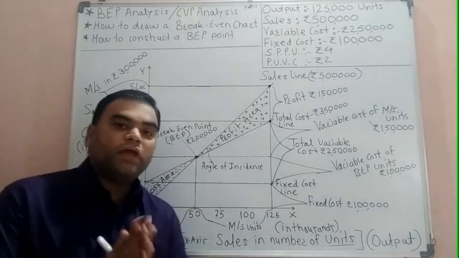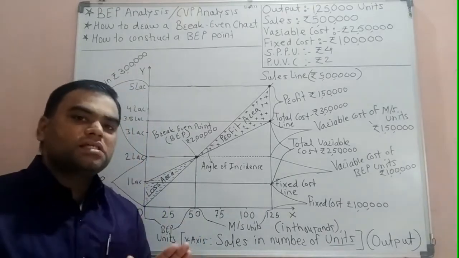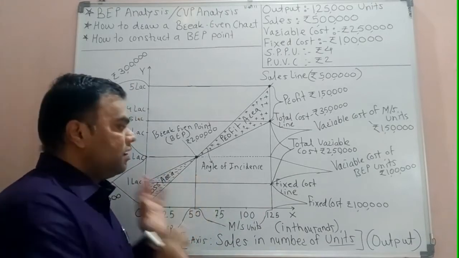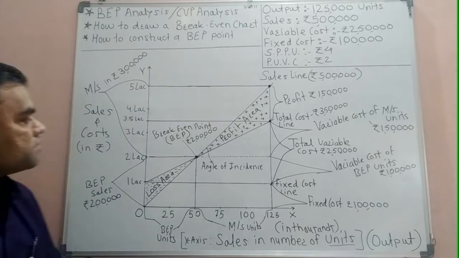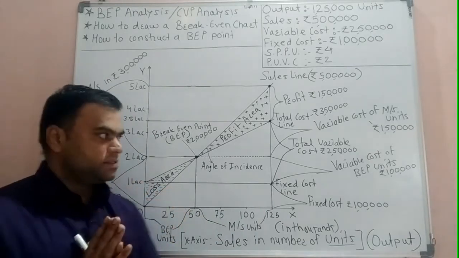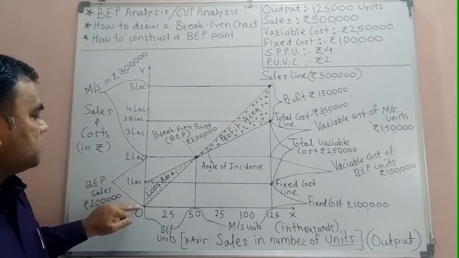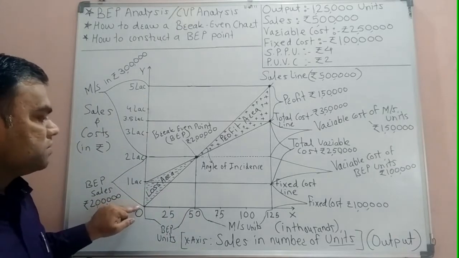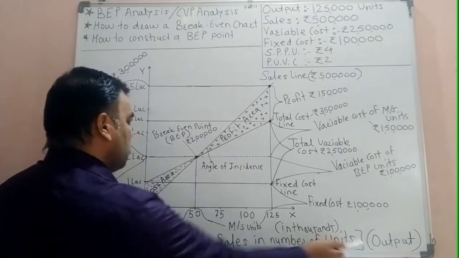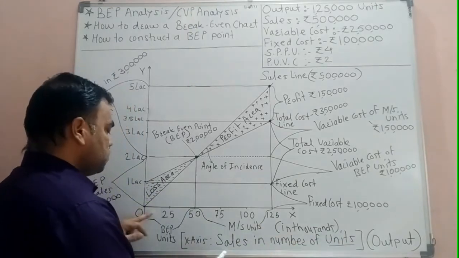Now we have discussed the basic concept before drafting the chart. So how to draft a chart, the basic things we have discussed. Now we can start our BEP analysis. The x-axis shows sales units, that is output, the number of units sold, 0.